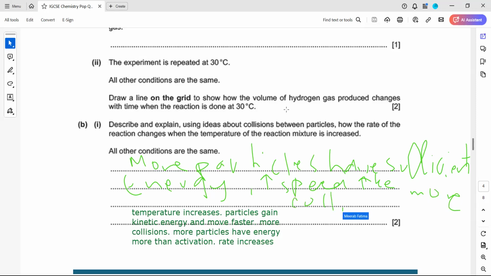The rate of the reaction increases because when we increase the temperature, the particles have sufficient energy, greater than the activation energy. They move faster, with a greater number of effective collisions, a higher frequency. So you have to learn the full structure for this.